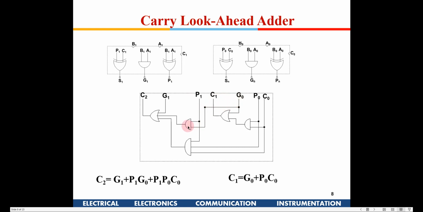So this is 1 gate delay, 2 gate delay, 3 gate delay. C2 will be available here. And there is a third condition where this is also propagate, this is also propagate, and then you have a carry in which is coming from the first stage itself. So you see C1 and C2 both have only 3 gate delays.